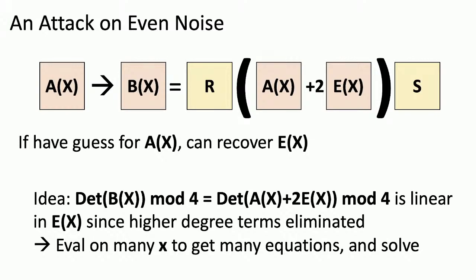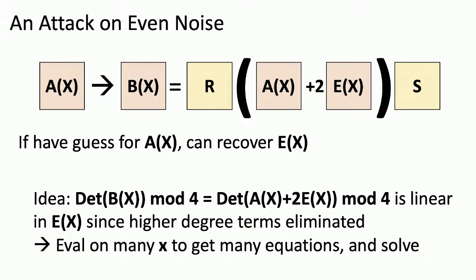But we're going to look at it mod 4. When you're working mod 4, you eliminate anything that's more than linear in E, because if you expand this out in terms of E of X, anything that's quadratic in E will have a 4 in front, and it just gets eliminated mod 4.